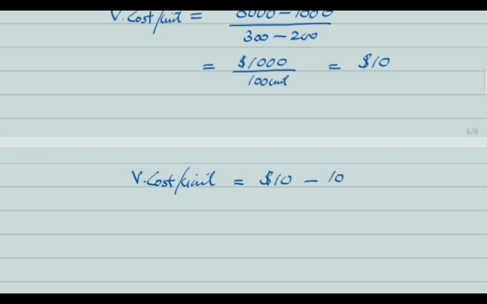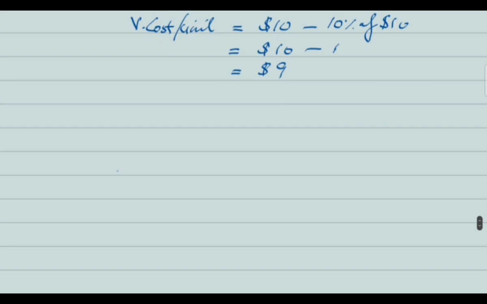So decrease it by 10% of $10, and after the decrease of 10% in the variable cost, you will have a variable cost per unit of $9 per unit.